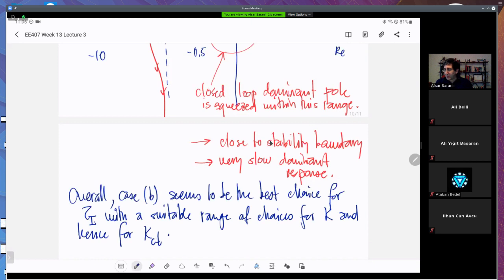Okay, remember KCT was related with K with a constant factor.